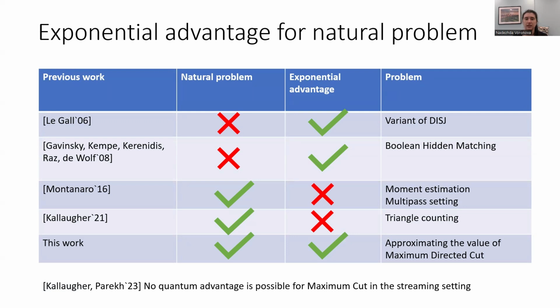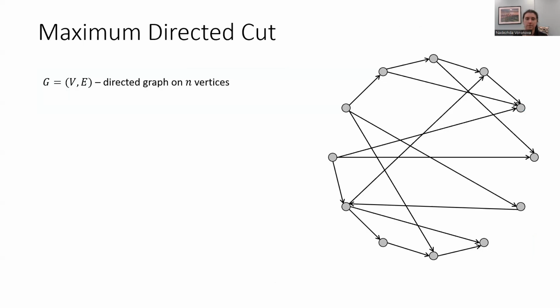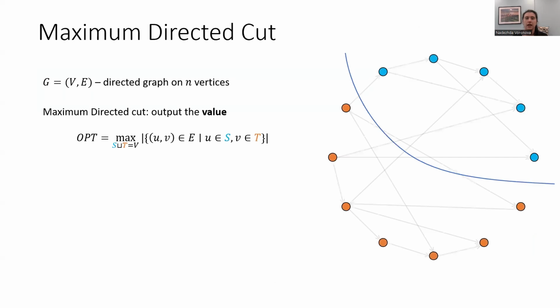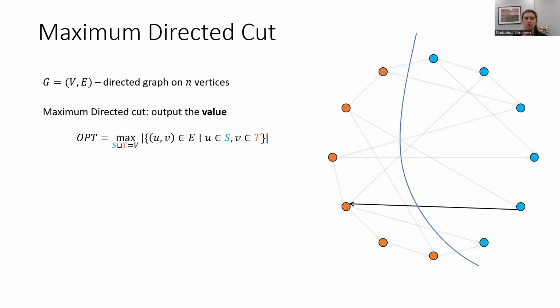So what is this maximum directed cut problem? In the maximum directed cut problem, we're given a directed graph on n vertices, and our goal is to find a partition of vertices into two sets, blue and orange on the screen, such that the number of edges that go from the blue set to orange set is maximized.